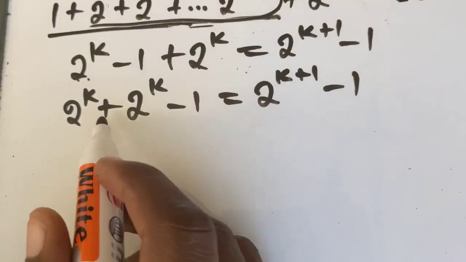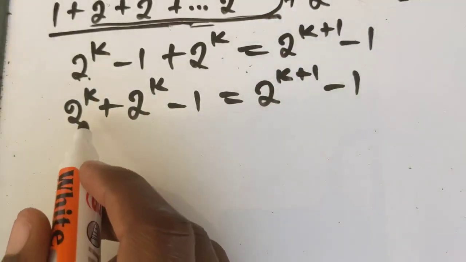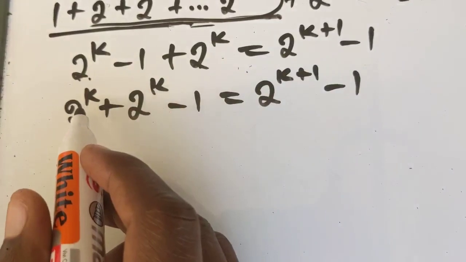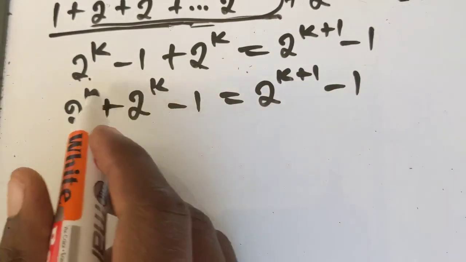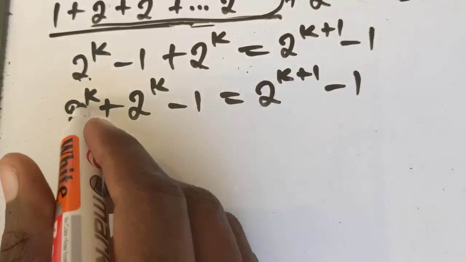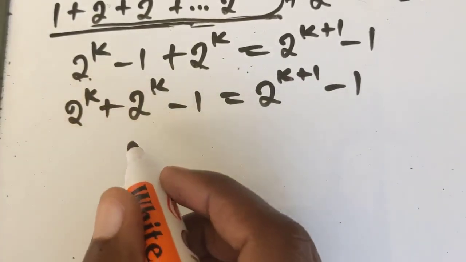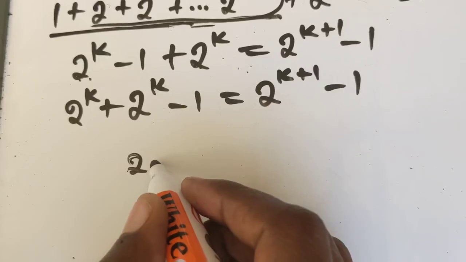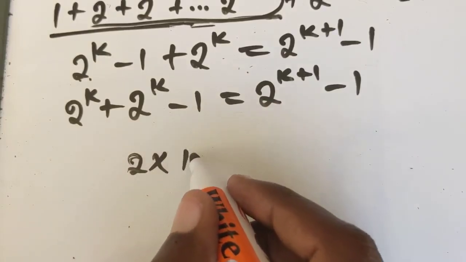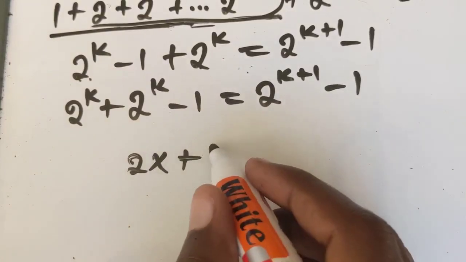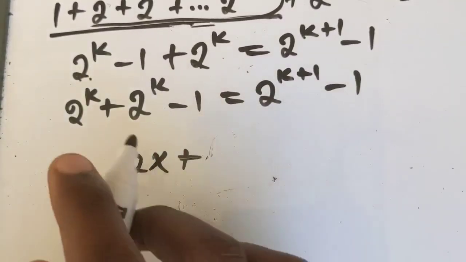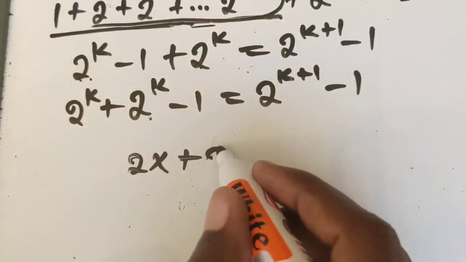So this one, you can factorize this part here. If you want to factorize, I said that when you are adding 2x plus 2x, let's say plus 2x, since we have common numbers, let's use plus 2x.